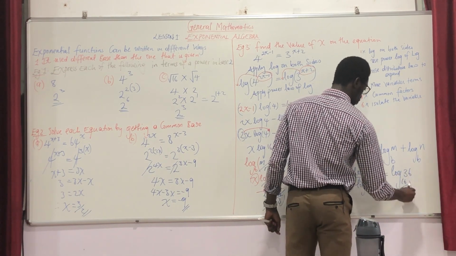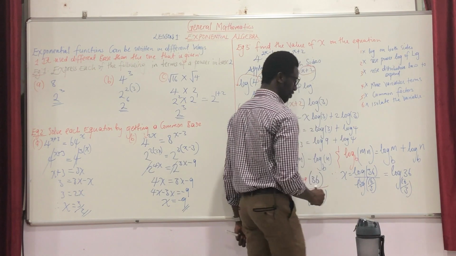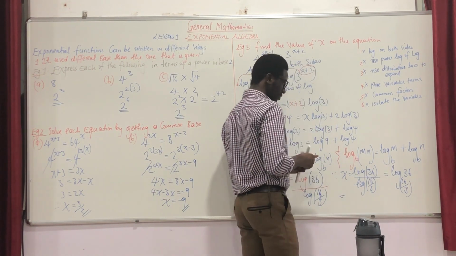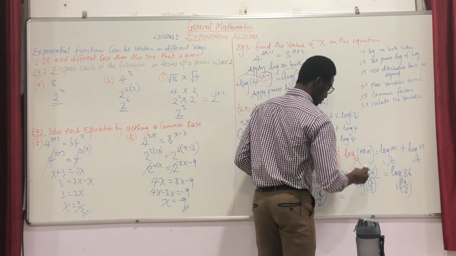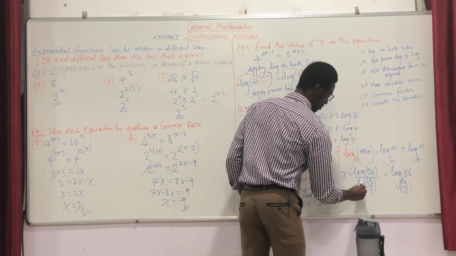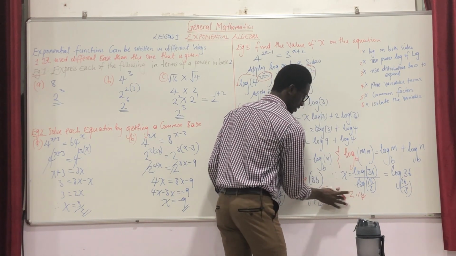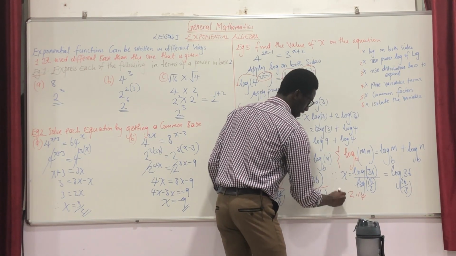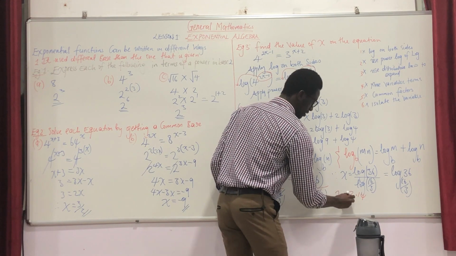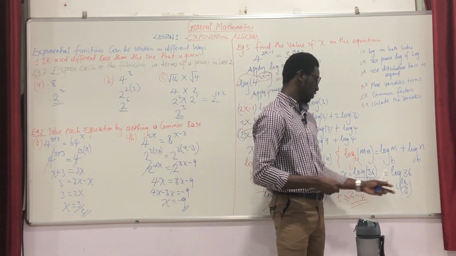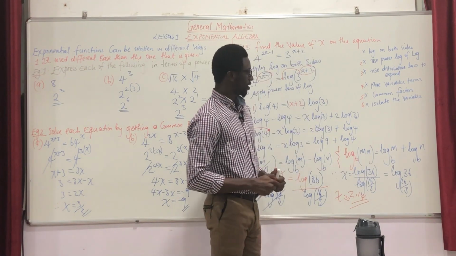So you can plug this in your calculator. Then your final answer here will be 2.14 approximately, because this is not exact. So therefore x is approximately 2.14. You can check this on your calculator and try to see.